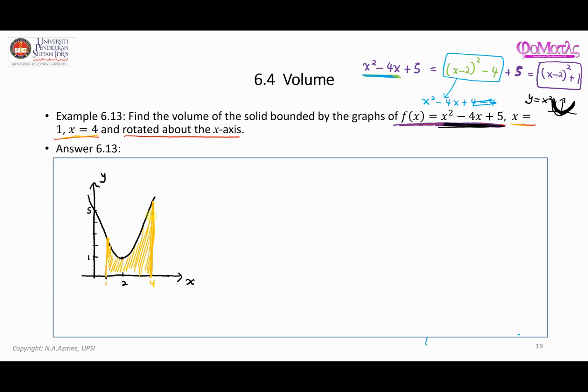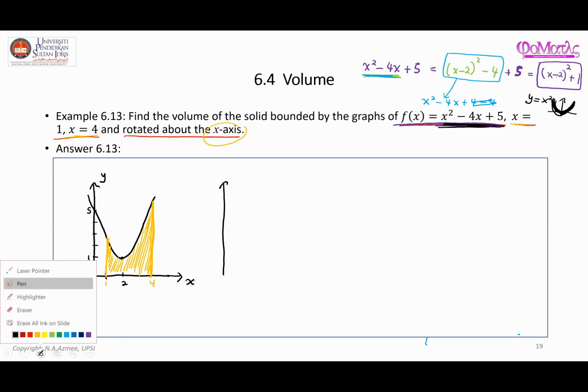We're going to rotate this region about the x-axis. And I'm sure by now you understand the idea of how it's going to be. I hope you'll be able to come up with a solid, and it's going to look like this. I'm just going to sketch this one more time.